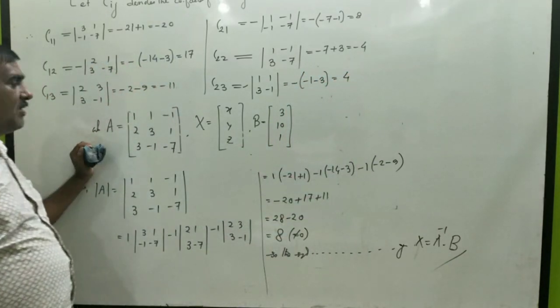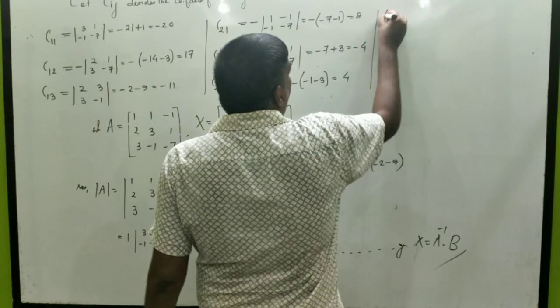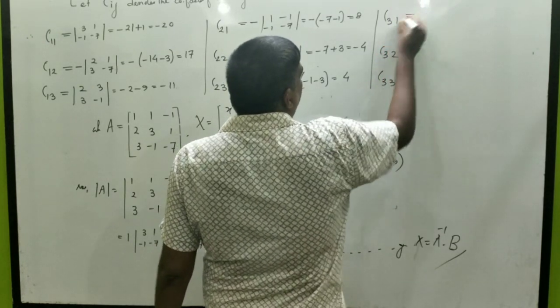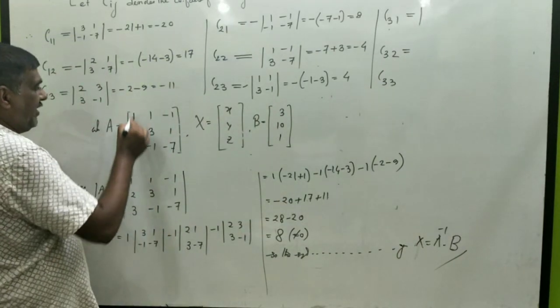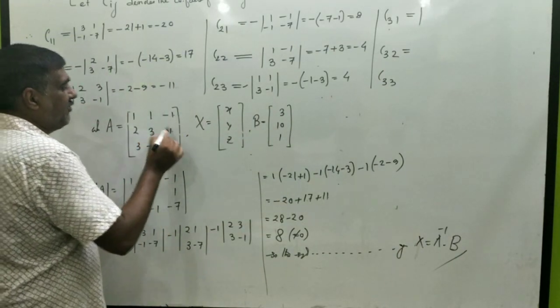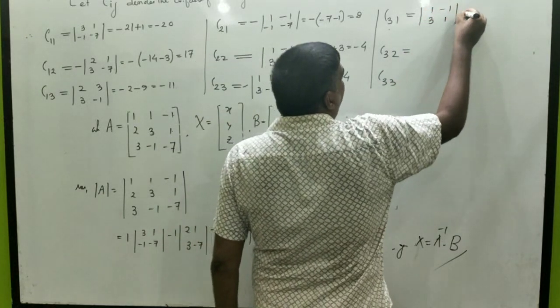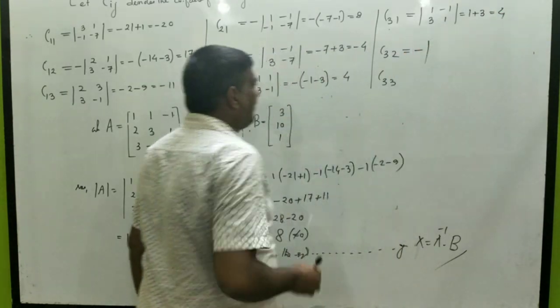Clear? Row 2 is done. Then row 3 column 1, row 3 column 2, row 3 column 3; even will be positive. Row 3 column 1: 1 minus 1, 3 1, we get 1 plus 3, that is 4, and it will be minus.